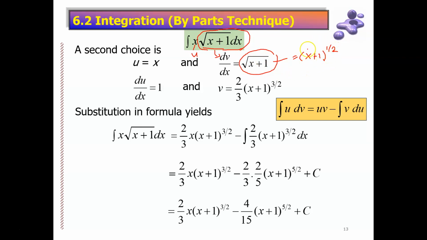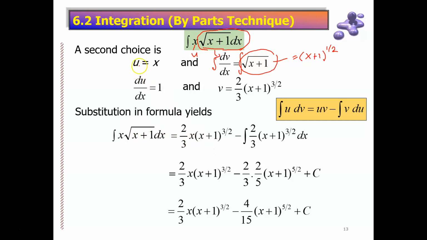So when you integrate this part, you have this. Now you can use the by parts technique. We follow this formula: integration of u dv equals uv minus integration of v du.